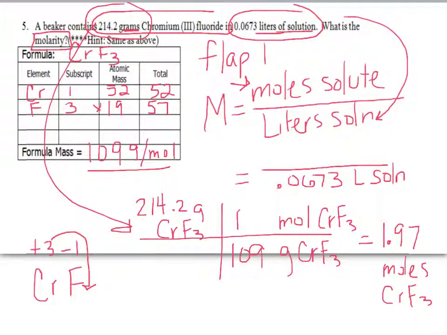So now that we have it in the correct unit, we can plug in 1.97 moles in our numerator. So we'll do 1.97 divided by 0.0673, and we get 29.27. That rounds to 29.3.